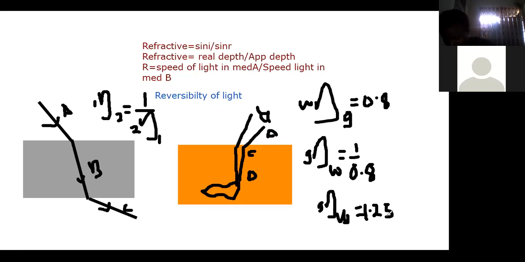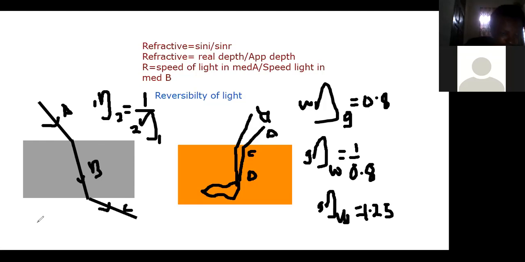So here, if you want to use this three medium, then let's see.